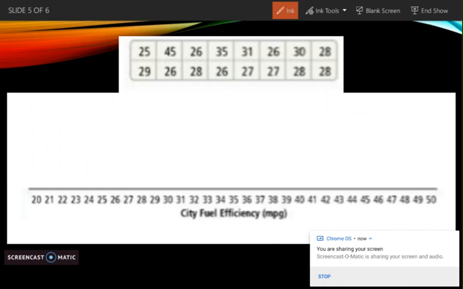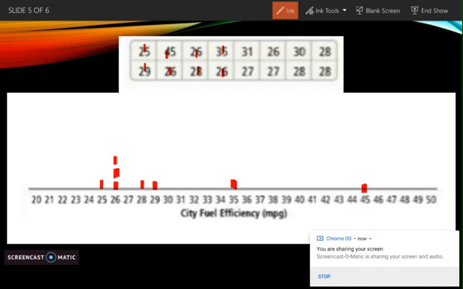So for the first one, we have 25, then we have 29, 45, 26, 26 again. So then we just put it above it. Then we have 28 and 35, 26 again.